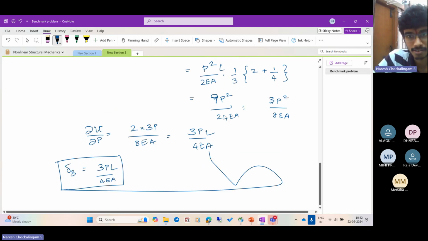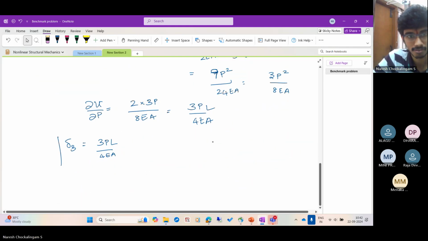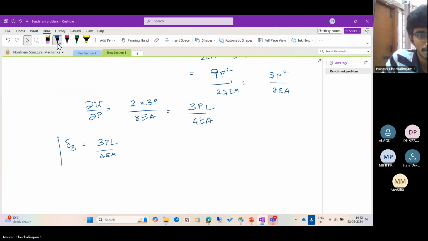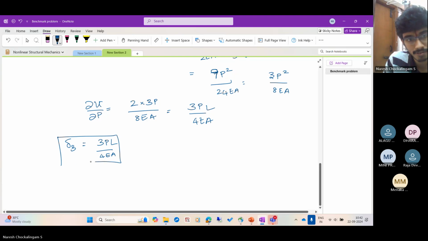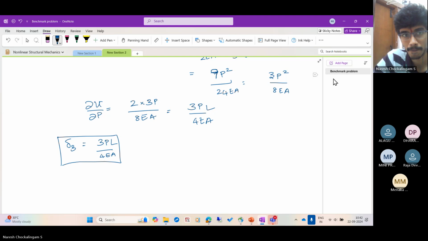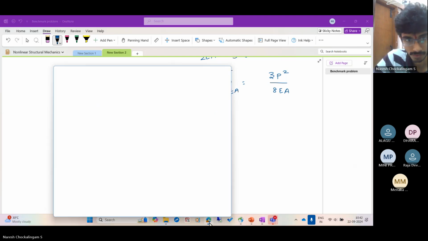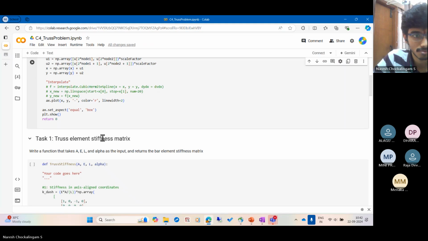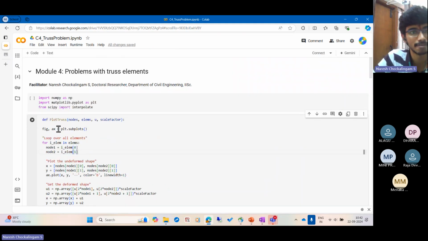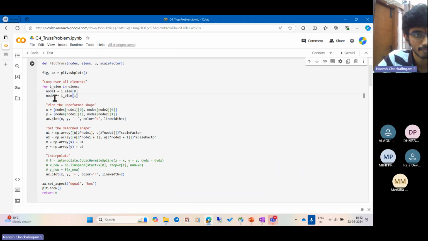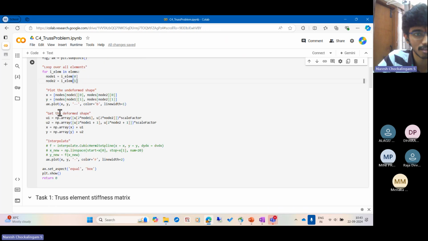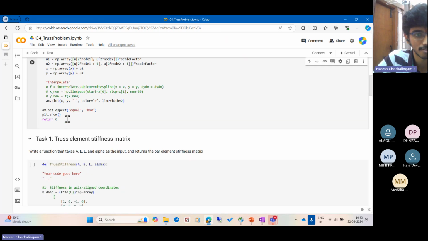Now let us code it. Let's code this. Okay, so I've also given a small thing to plot the truss.